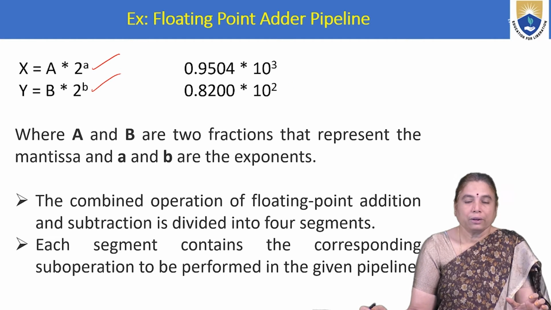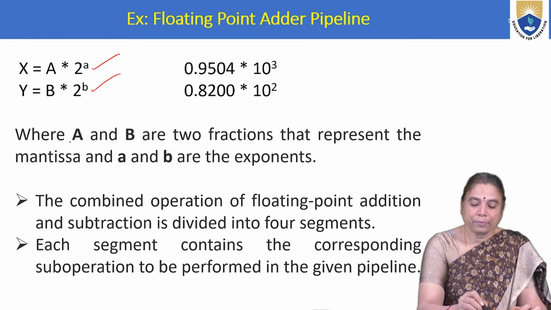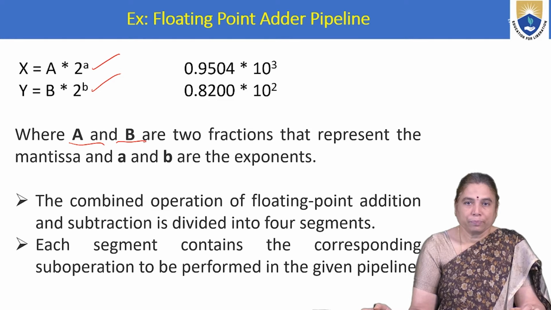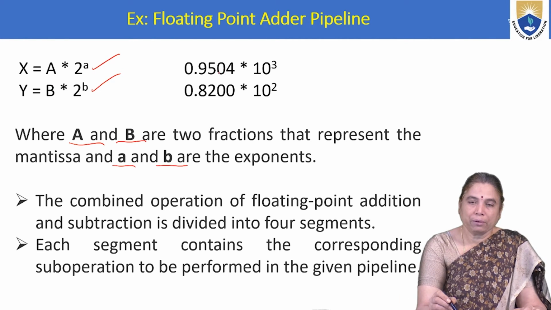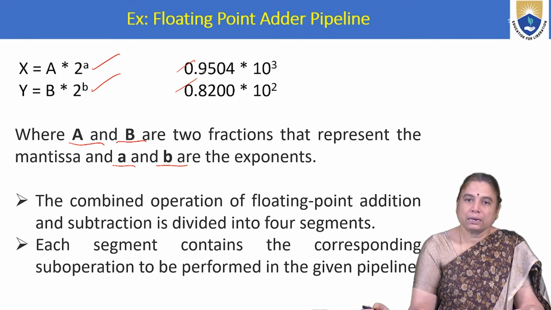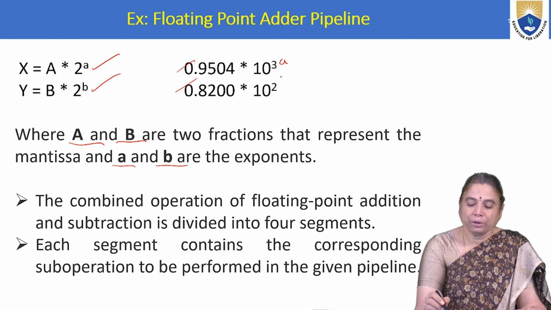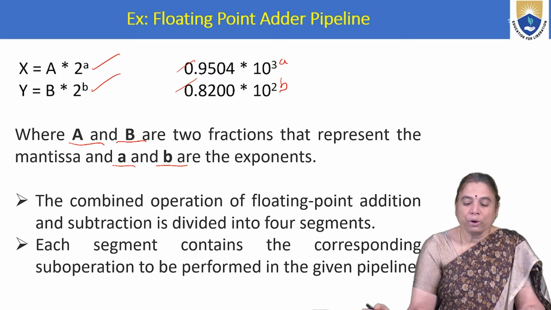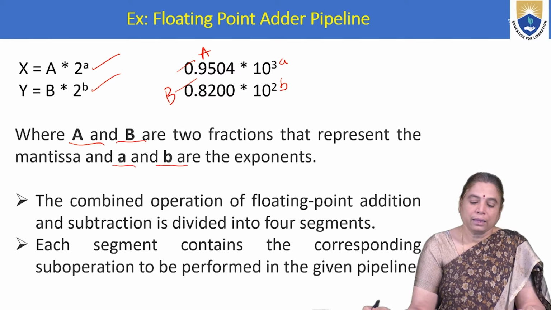The mantissas are represented with capital A and capital B, and the exponents with small a and small b. The corresponding floating point numbers are considered in the example, where small a has the value 3 and small b has the value 2. These are the mantissas, capital A and capital B, considered in the example.